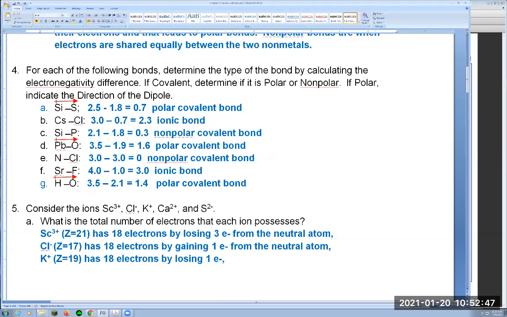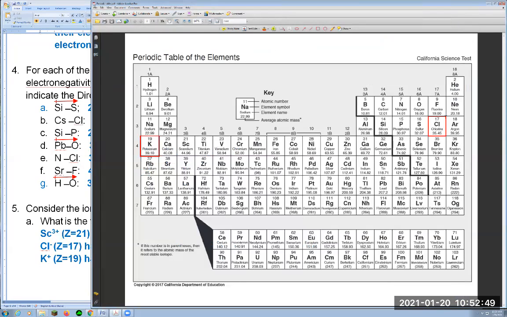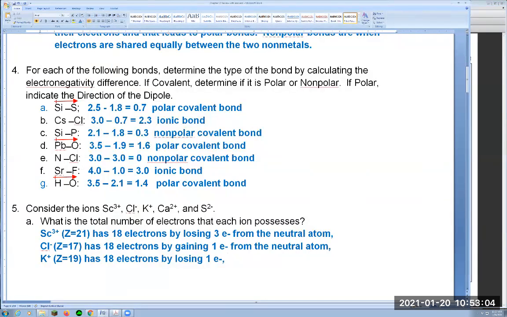Next, we have calcium 2+. Calcium, atomic number 20. When it loses 2 electrons to become calcium 2+, from 20 it goes to 18. So again, calcium 2+ has 18 electrons by losing 2 electrons and becoming like argon.